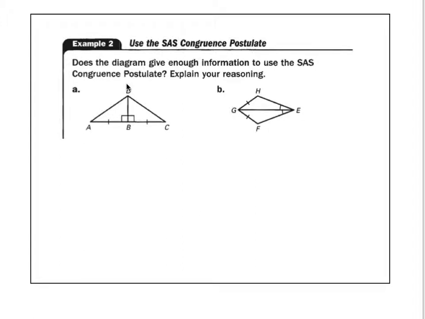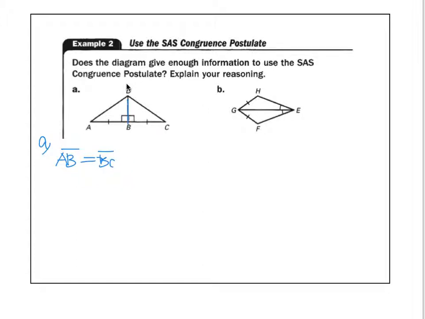Let's do some examples here. Does this diagram give enough information to use SAS to show the triangles are congruent? So remember, to have SAS, I have two sides and an included angle. And in A, I have AB is congruent to BC. That's one side.